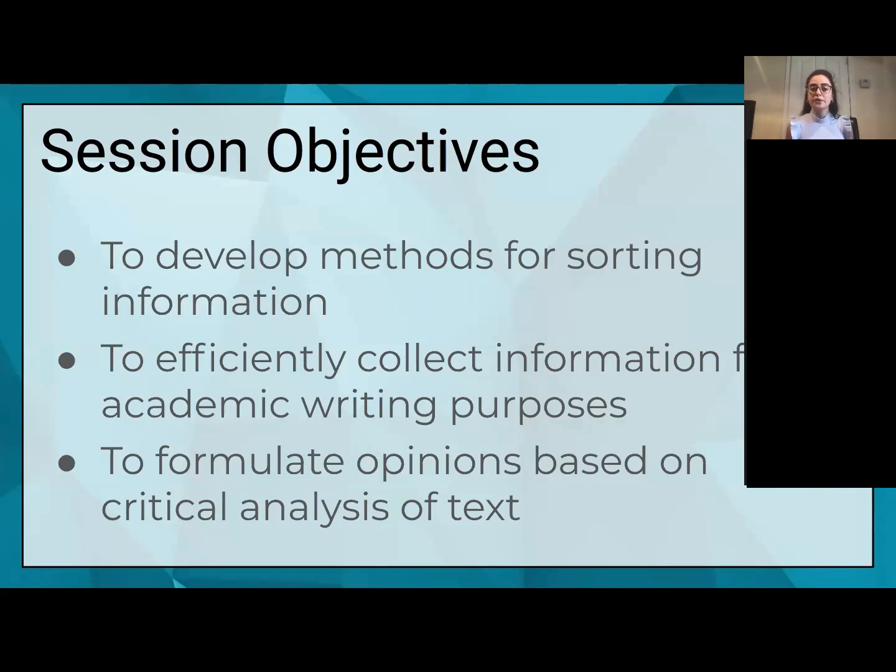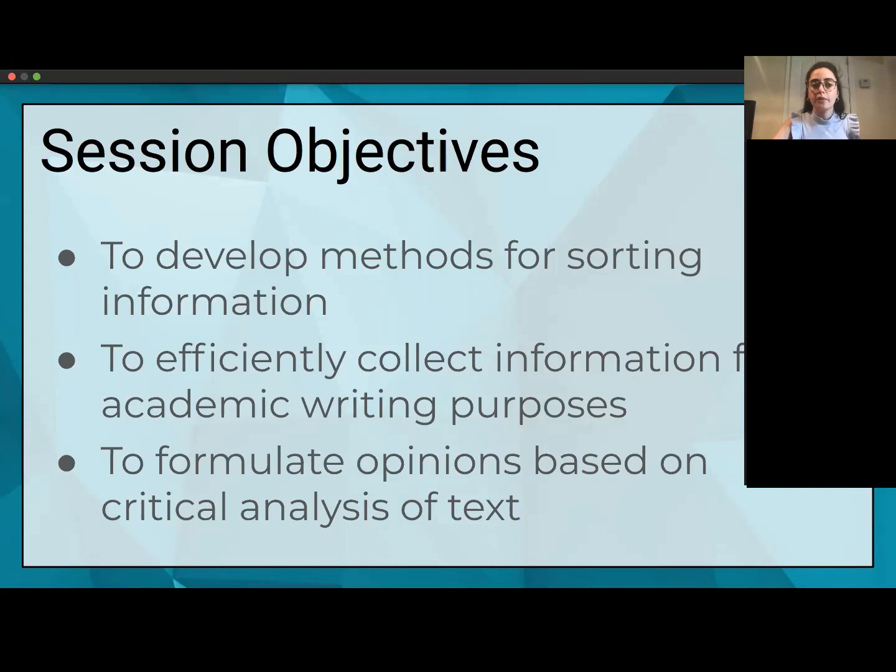And you'll have an opportunity to apply that reading style, and you'll find that within 10 minutes you'll be able to find a lot more information than maybe if you were to just sit there and read that paper from cover to cover.